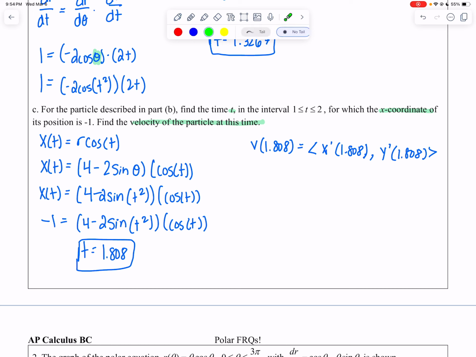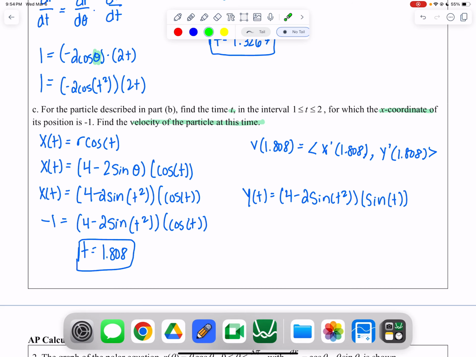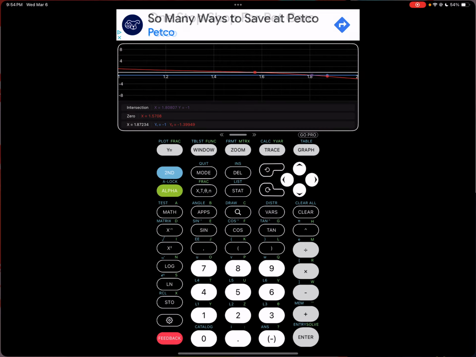Now we already figured out what x of t is right here, and then for y of t, that's going to be very similar, except instead of a cosine, we have sine. So these are going to be my two formulas, equations for x of t and y of t. I'm going to take the derivative, and that's going to be me using my little numerical derivative analysis here.